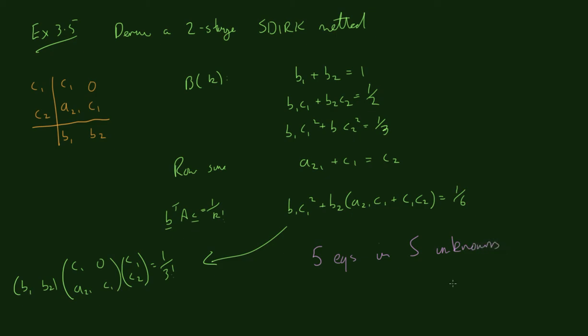With the SDIRK method, because we have the additional constraint that the values on the main diagonal of A are equal to C1, it cuts down on the number of unknowns, and we can solve quite easily. Again, as I've been saying in previous videos, we solve using software.